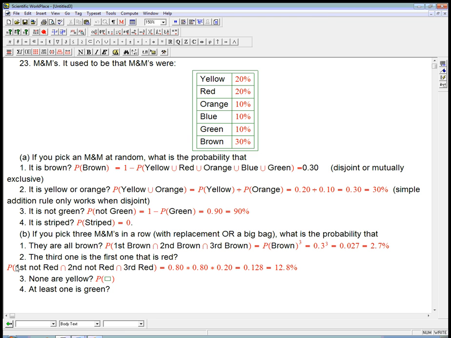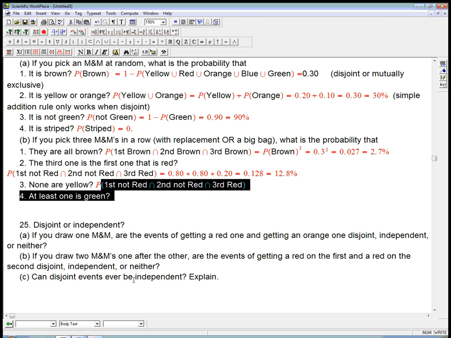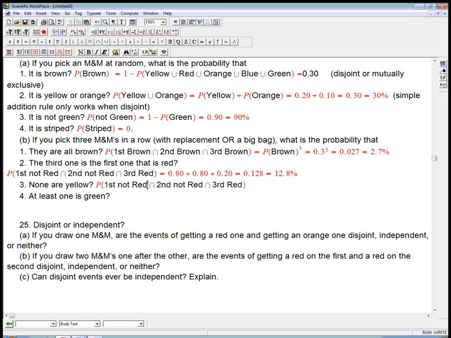It's going to be, let me actually just copy this. First, not yellow. And second, not yellow. And the third, not yellow. So it actually turns out to be very similar to the first one.